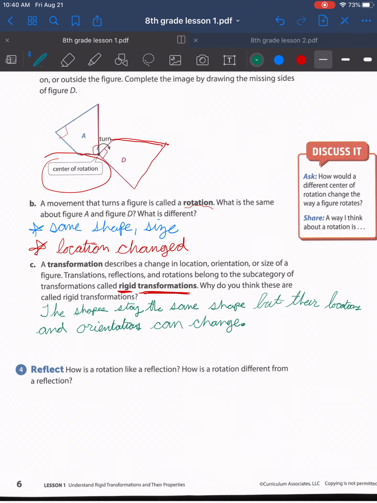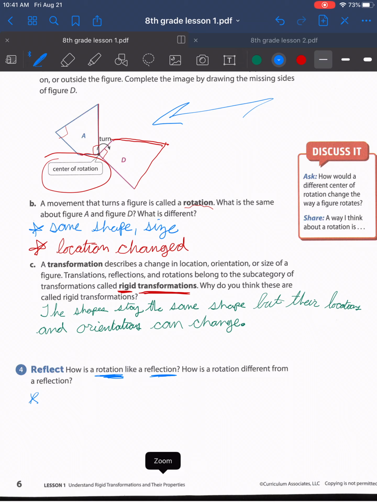Okay, how is a rotation like a reflection? And then how is it different? So remember, a rotation is like what we did up here, where it rotates at a point, and a reflection is kind of like a mirror image of something. So how are they the same? Well, they're the same because a rotation and a reflection both move a figure from its original location.